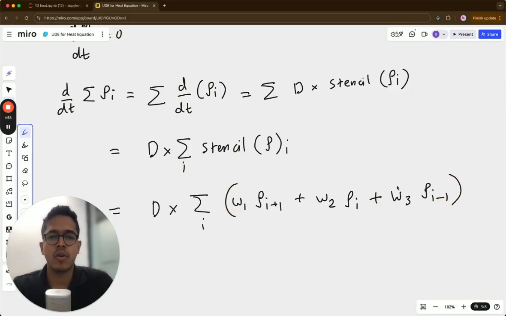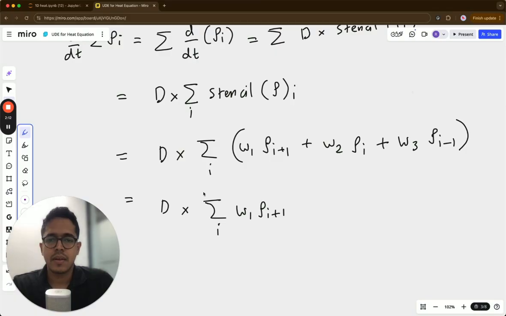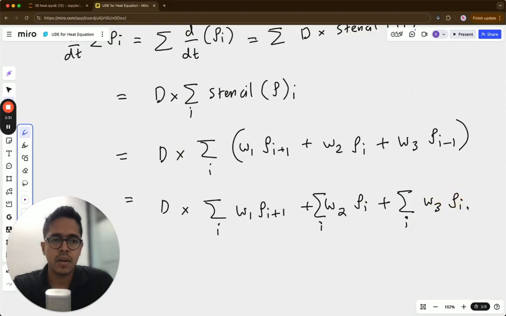So it's a sigma over this. Now we can again expand this. This is equal to d multiplied by sigma I W1 rho I plus 1. This is the first term. Then the second term would be plus W2 rho I, sigma of this also over I. And this is also over I, W3 rho I minus 1.